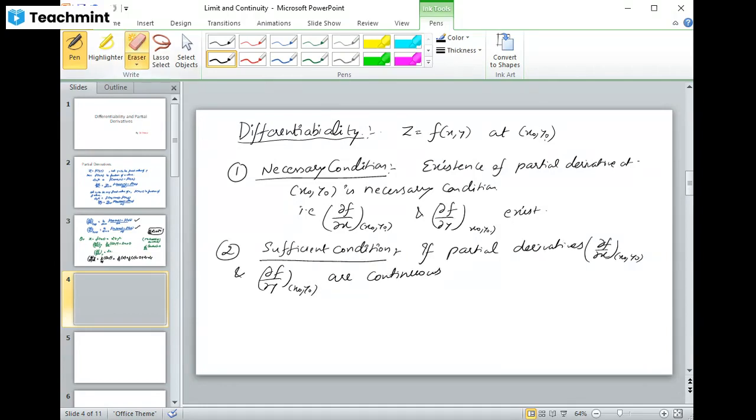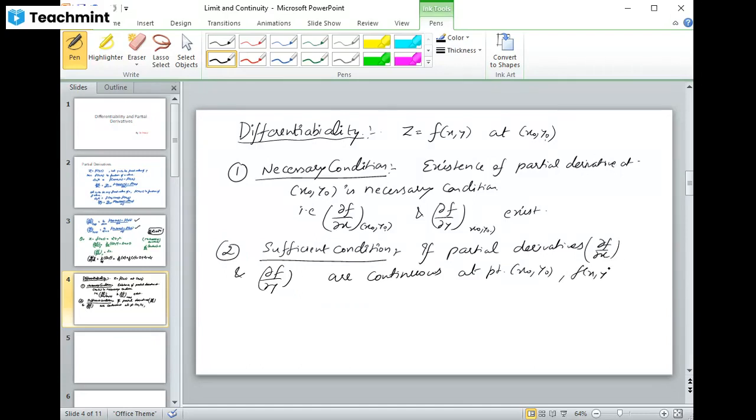If the partial derivatives are continuous at the point x naught, y naught, then your function f of x y is differentiable at the point x naught, y naught.